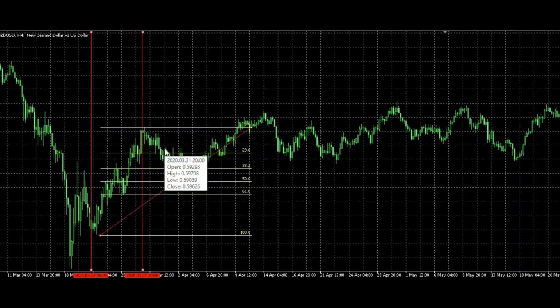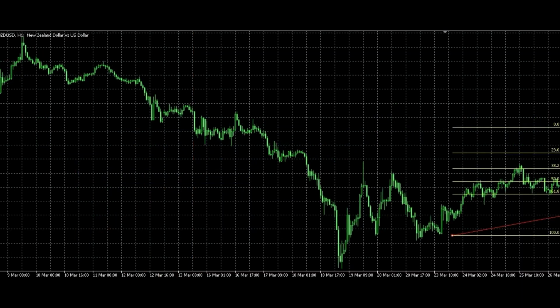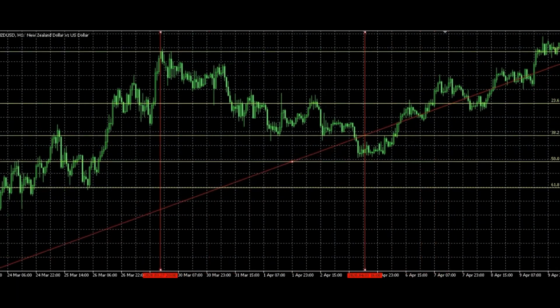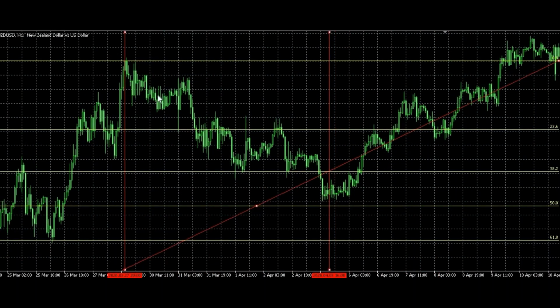So we have to go to the structure of the wave to investigate it. So let's switch to the 1 hour frame. So that's our correction here. Let's assume that this is the A of the zigzag. This is the first one, the second, the third, the fourth, and the fifth.